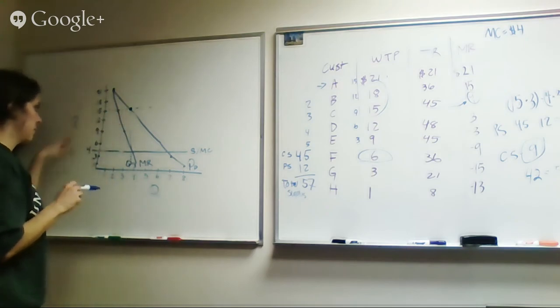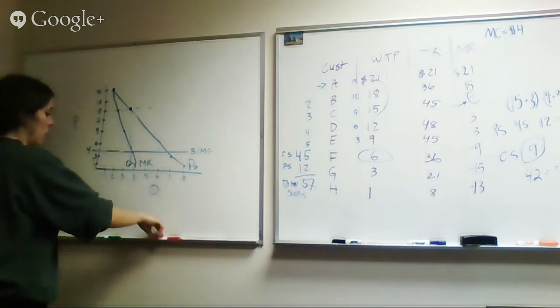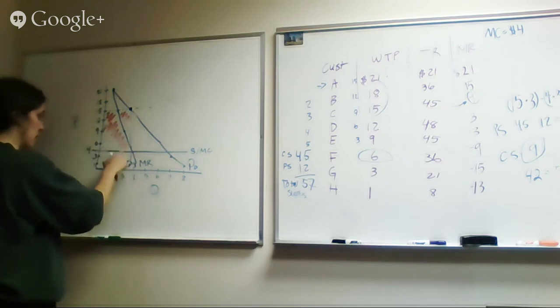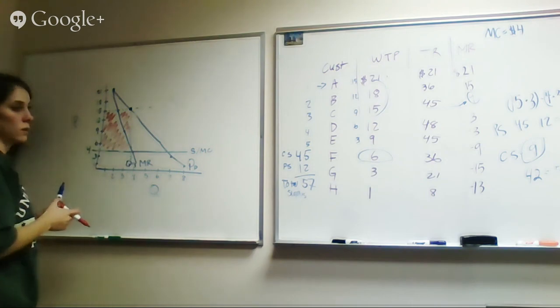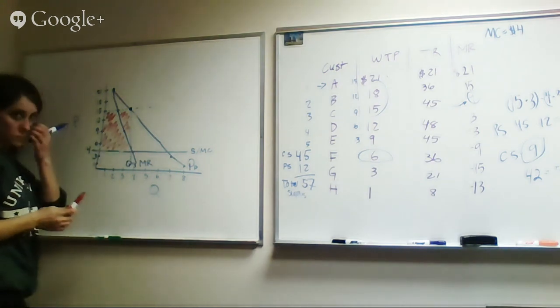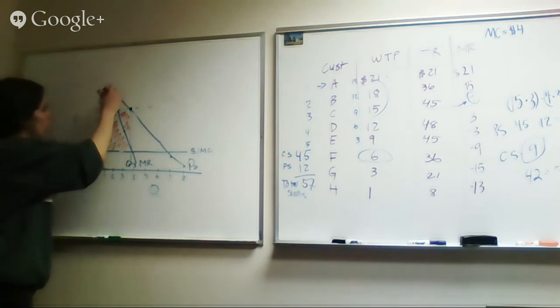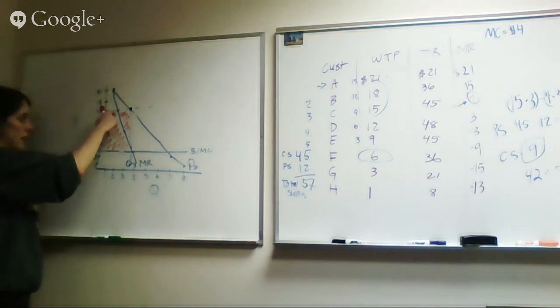And so the producer would get all this red surplus, which would be the area underneath the price and above the marginal cost, that he takes at the price that he would receive. And then finally, consumers would get their surpluses, however much more they valued it than $15.